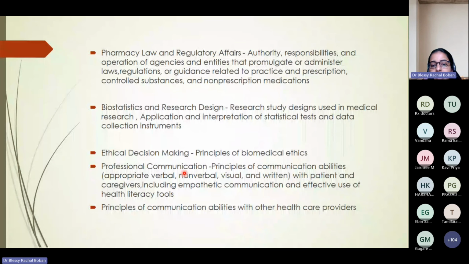Related to professional communication, verbal, non-verbal, visual, written, you may get a question like literate or illiterate patient, so you have to find the answers accordingly. And principles of communication with other healthcare providers: can you use a rude tone or a smooth tone? Such questions will also be there. It is very easy to catch the options, but the options will be confusing, a bit twisting.